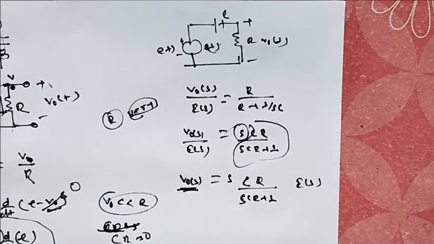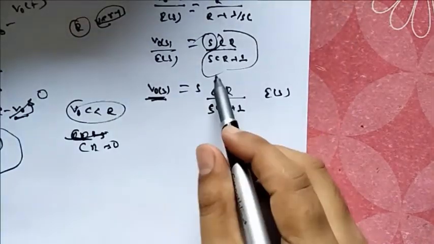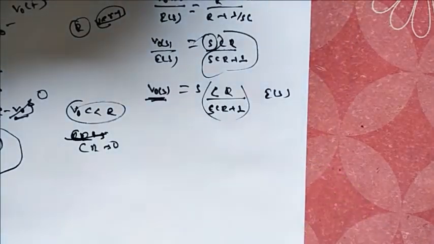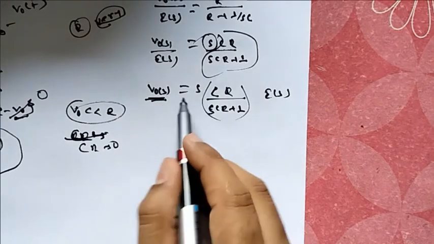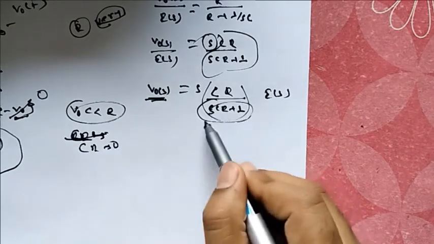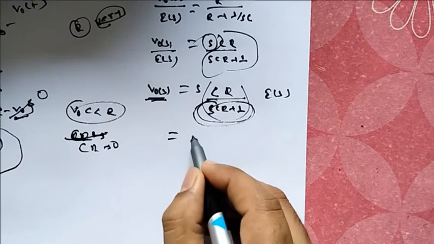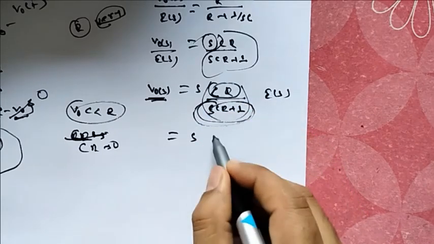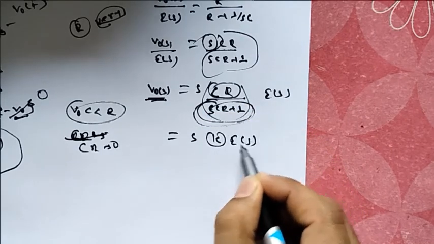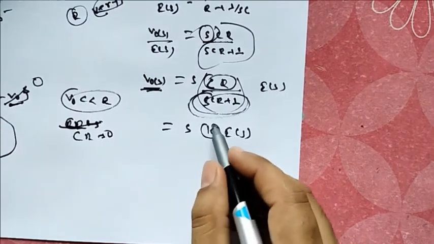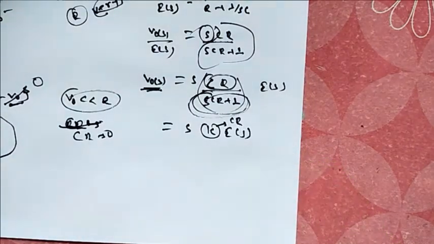This will be differentiating this function SCR by SCR plus 1, when it acts like a differentiator, when this becomes very negligible, then only it can differentiate, and this will be a K factor and this is E(S). So K is nothing but CR.